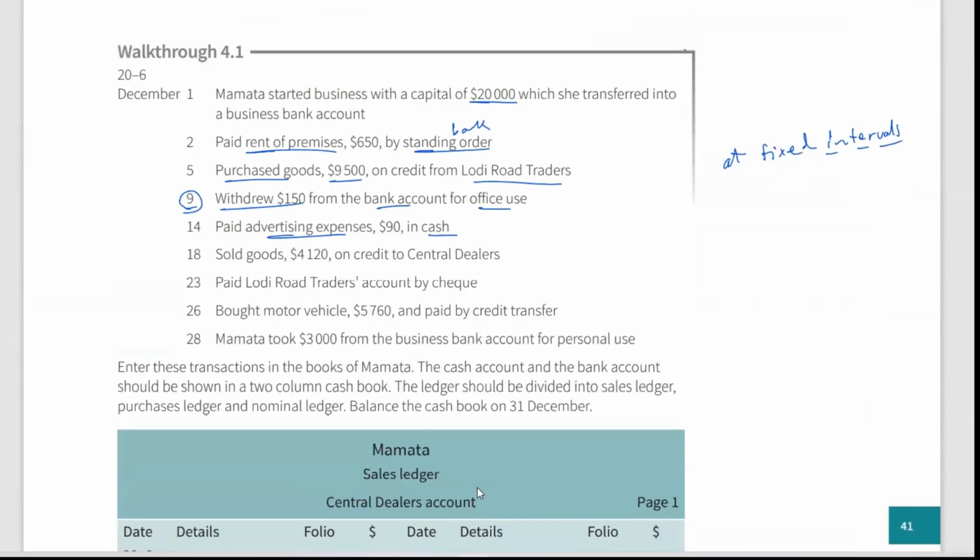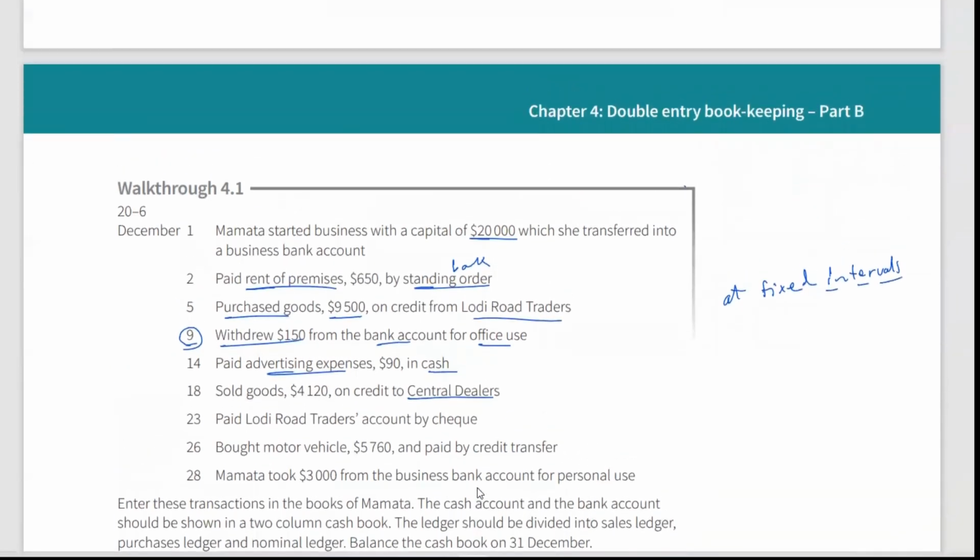Sold goods on credit to central dealers. Musab, can you tell who is central dealer for us? Under which category can we put them? Sold goods for such amount on credit to central dealers.